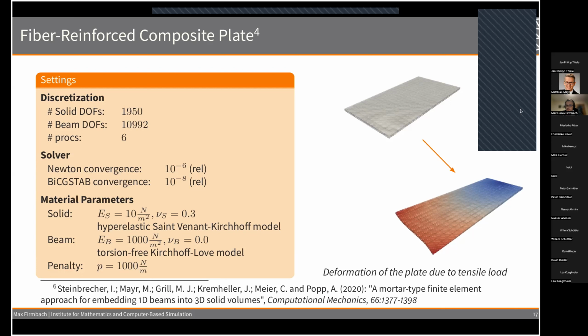So if you would imagine you double the length of the plate and the width of the plate, the fibers that run over the whole domain are longer for each problem that sizes up, which also means that the beam elements you need to represent this fiber are also increasing, which overall changes the sparsity pattern of our block matrix. And getting this to scale is a little bit difficult because the matrix structure, at least for the beam part, changes from problem to problem. This is not as trivial.